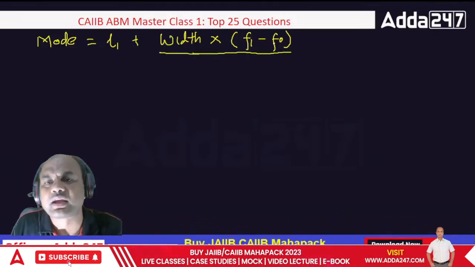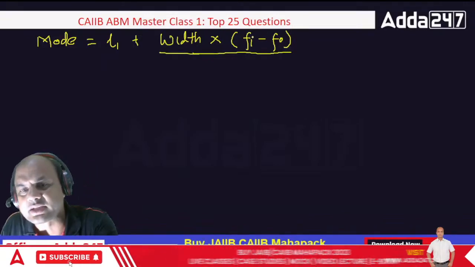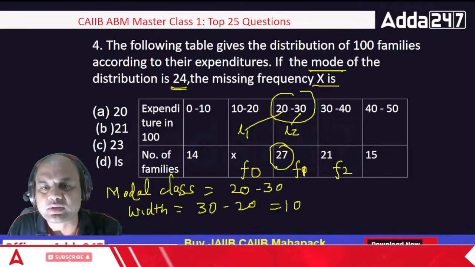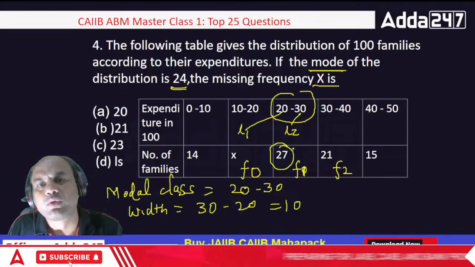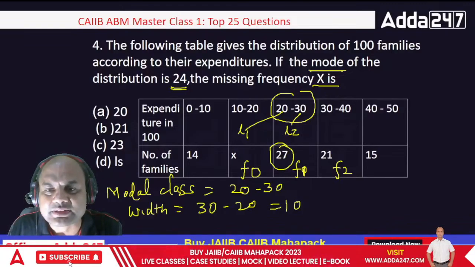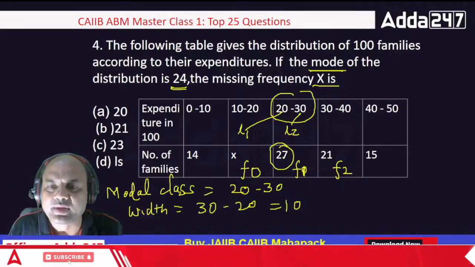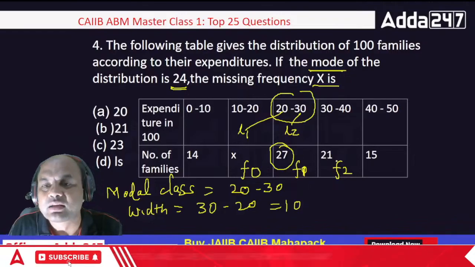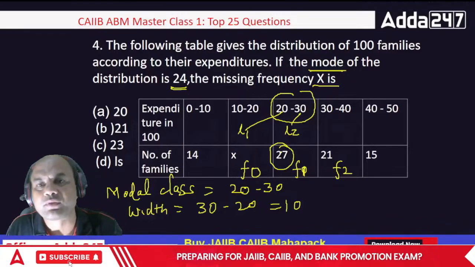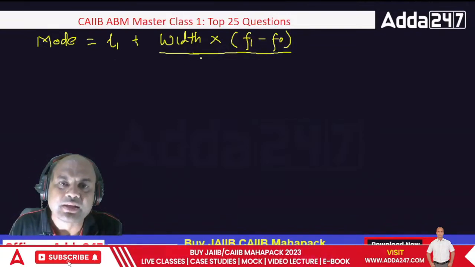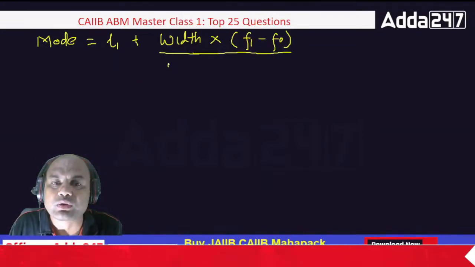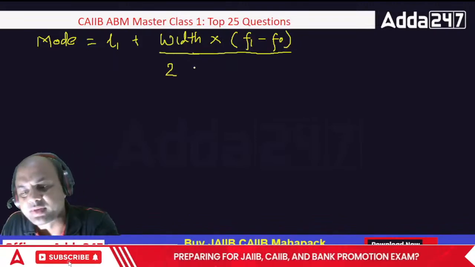Here it's how we take it. In some books they take this as F0, this as F1, this as F2, whatever you take, but only remember from here: second minus first, and then third minus second. That is how we have to subtract. So this is first F1 minus F0, then second one what? 2 into this part.